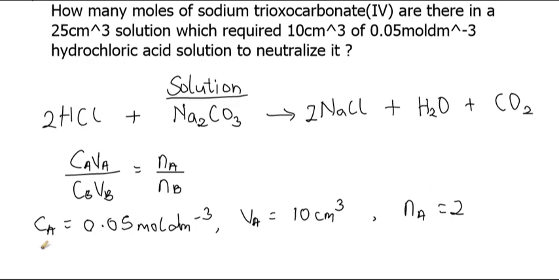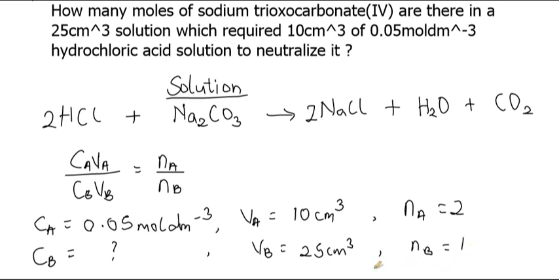So for Cb, the concentration of the base is unknown. Vb is given to be 25 centimeter cube. While Nb, from the equation, Nb is given to be 1, that is the coefficient in front of the base.